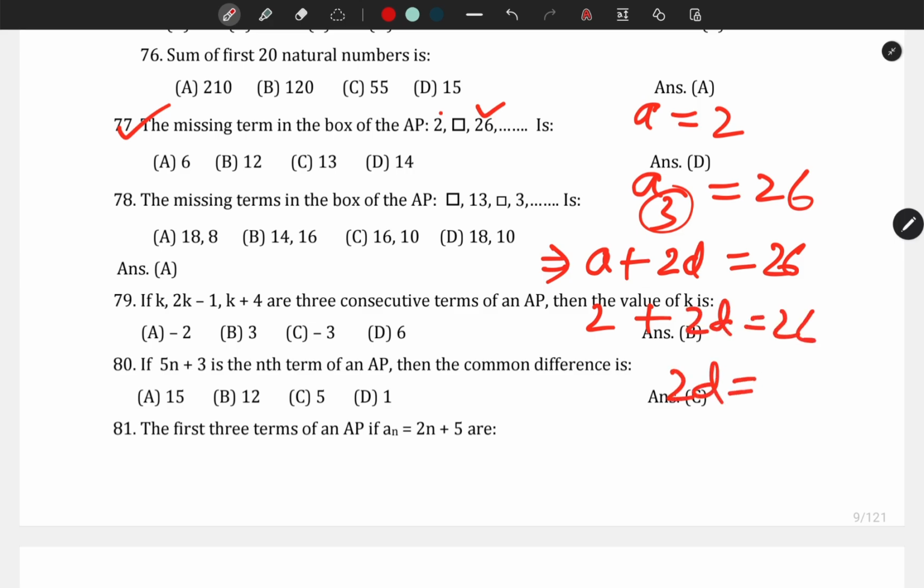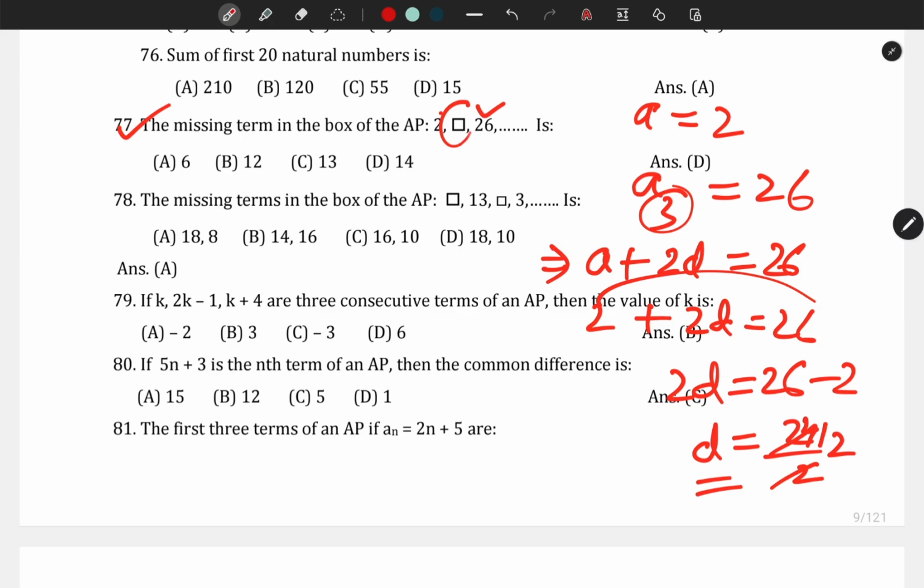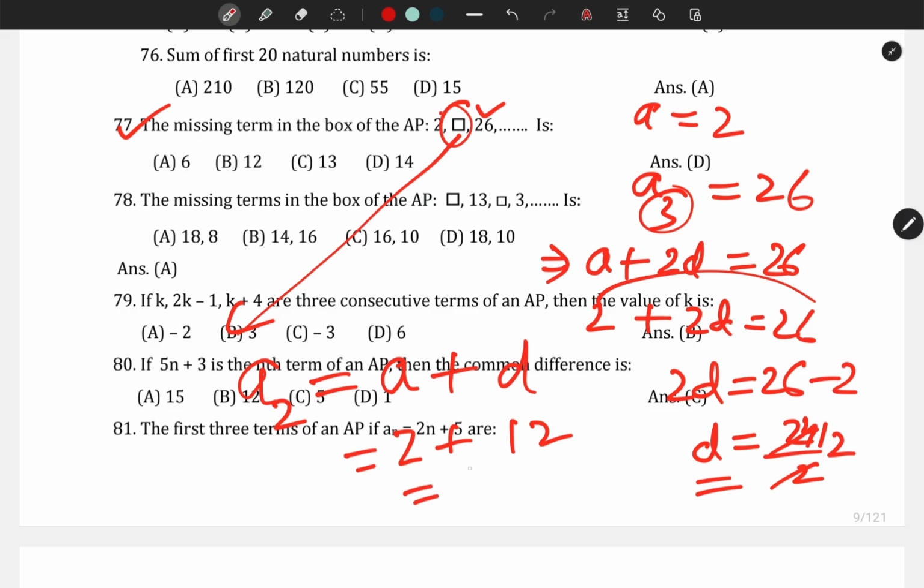So 2d will be 26 minus 2, and D will be 24 divided by 2, which is 12. So we got d equals 12. And the missing term here is the second term, a2. So a2 is a plus d. So a is 2 plus d is 12. 2 plus 12 makes 14. So the correct answer is 14, option D.